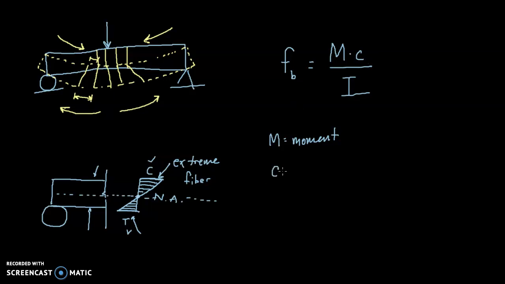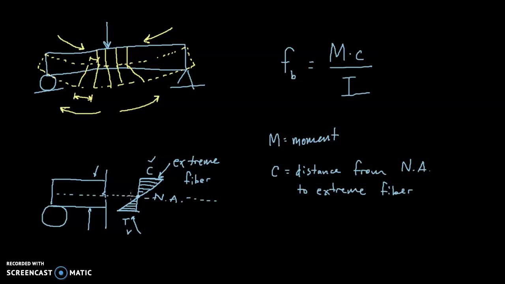c is simply the distance from the neutral axis to the extreme fiber. So we're going to start off just looking at beams with rectangular cross-sections.